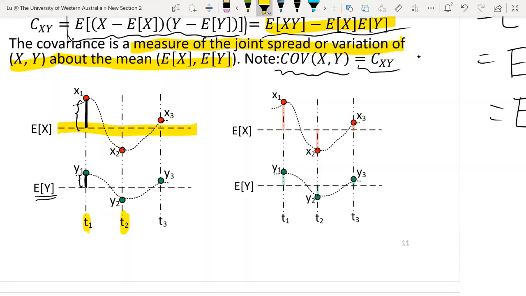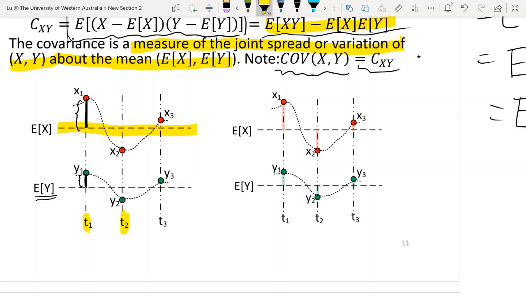So if you just compare the behavior of these two random variables, you can find they have some kind of similar moving trends or similar behaviors. At a given time, both are higher than the mean value, or at the same time, both are lower than the mean value.